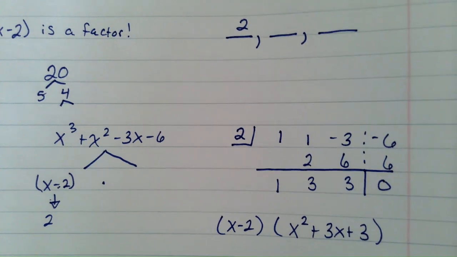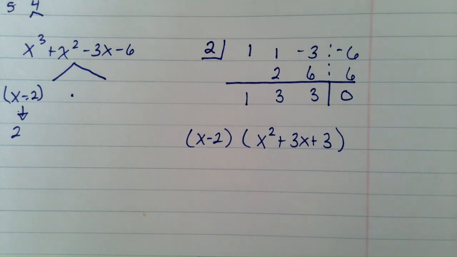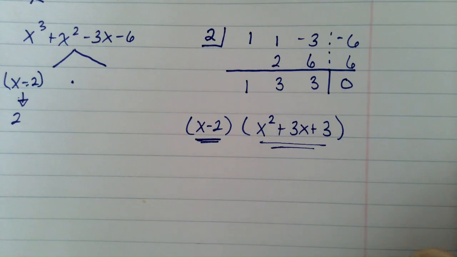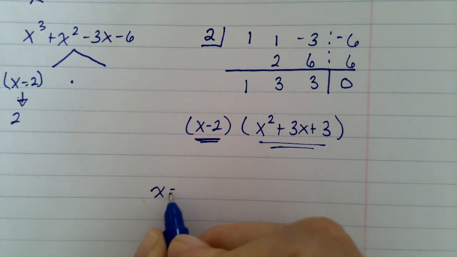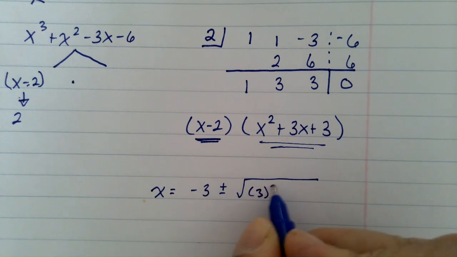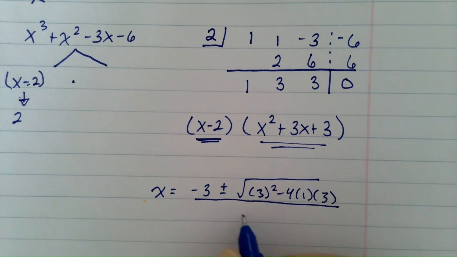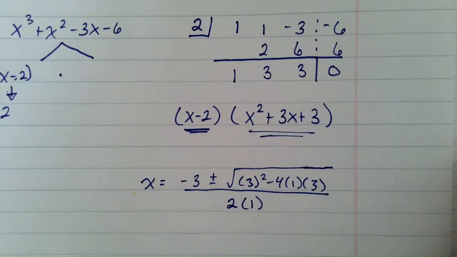And we already know that x squared plus 3x plus 3 does not factor because we know the other two answers are imaginary. So again, 2 came from that to get the quadratic down to linear factors, and to find our zeros, we're going to use the quadratic formula. X equals negative b plus or minus the square root of b squared minus 4ac all over 2a. I can sing faster than I can write.